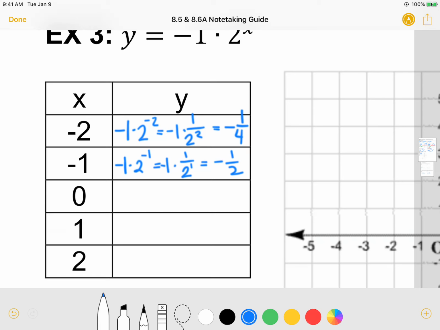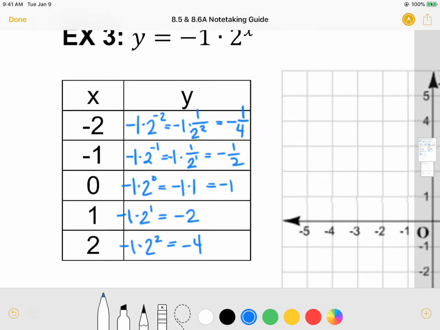Let's plug in 0. -1 times 2 to the 0, that's -1 times 1, so that equals -1. And 1, we get -1 times 2 to the first, which is -2. And -1 times 2 squared is -4.